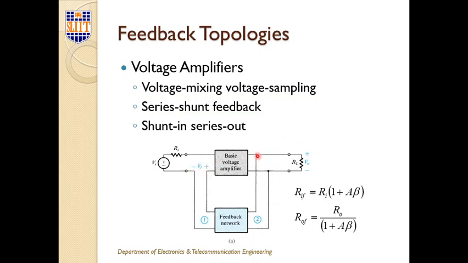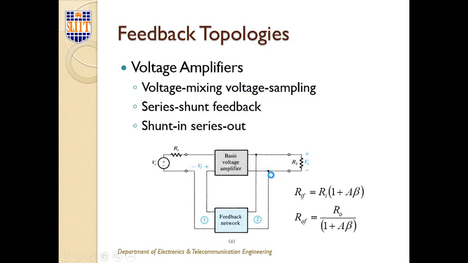So let's talk about the output side. If you take the feedback network in parallel at the output of the amplifier, it is shunt, which means that you measure the voltage.